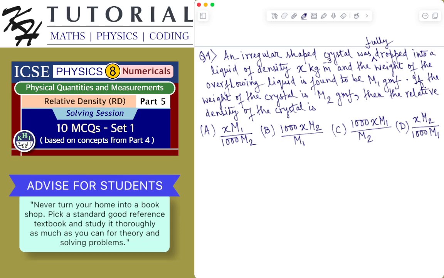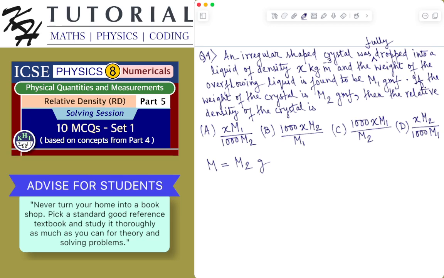So the mass of the crystal is m2 gram, from the fact that the weight of the crystal is m2 gmf, which means a gravitational force acting on a body of mass m2 gram.